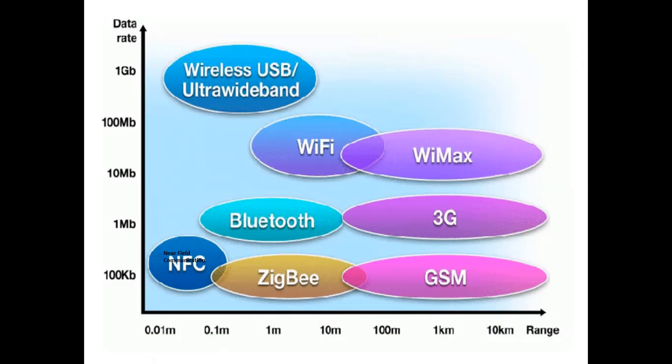So guided media, what we have seen: coaxial cable, UTP cable, STP cable, fiber optic cable. And as far as unguided media is concerned, these are the different technologies with different distance support between transceiver, and different data rates supported by the system.